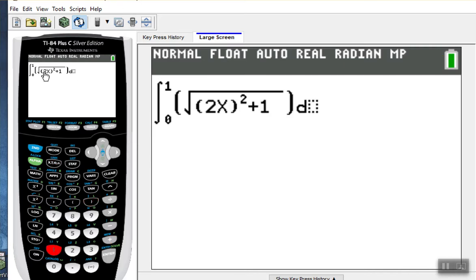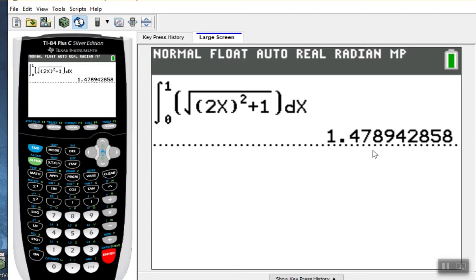I know it's y in our example, but for our calculator it doesn't change anything if you put everything in terms of x or y. And enter.